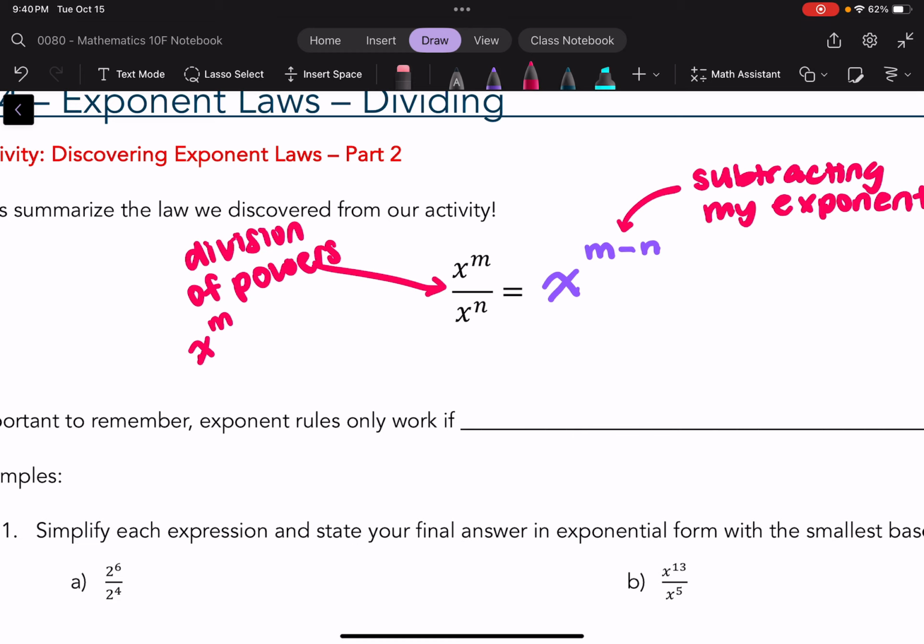So I had x to the power of m, and I wrote my division horizontally instead of in the form of a fraction. It would still work. That fractional format just helps us see the cancellations a little bit better. And lastly, I'm noticing that this law only works, what we discussed last time, if the bases are the same. So the same base.